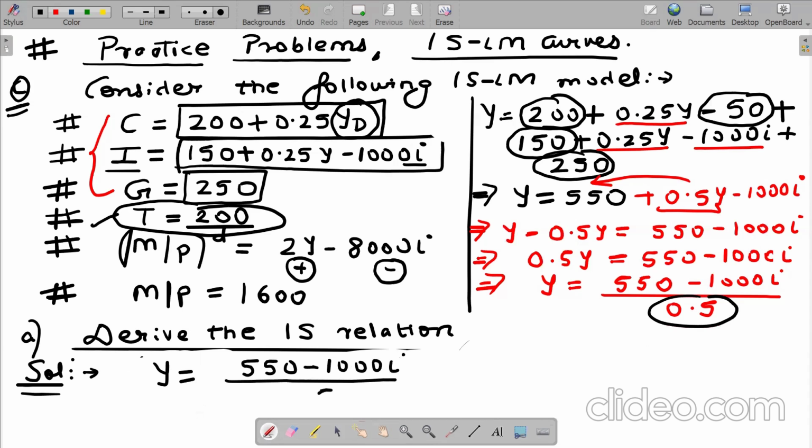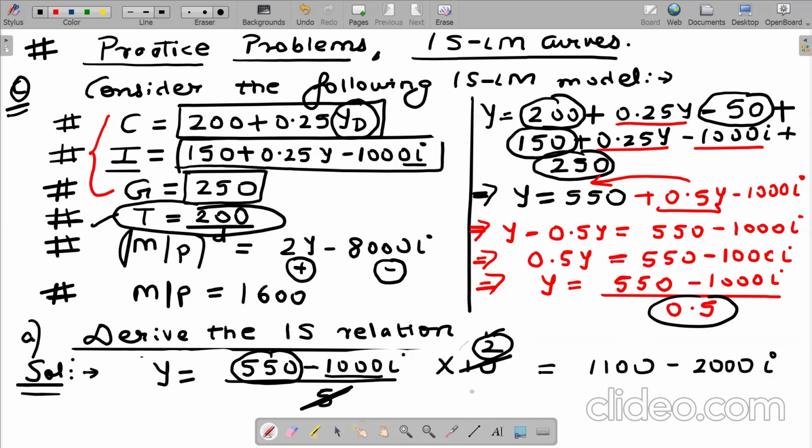I can write 0.5 as 5 over 10. 5 cancels with 10, making it 2 here. 2 into 550 is going to be 1100. 2 into 1000 is going to be 2000 with a minus.